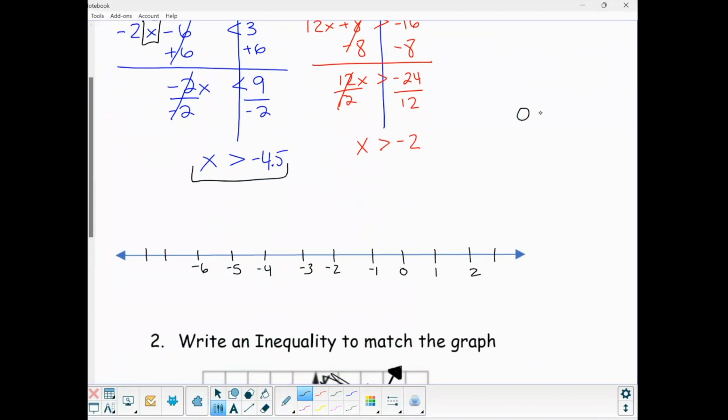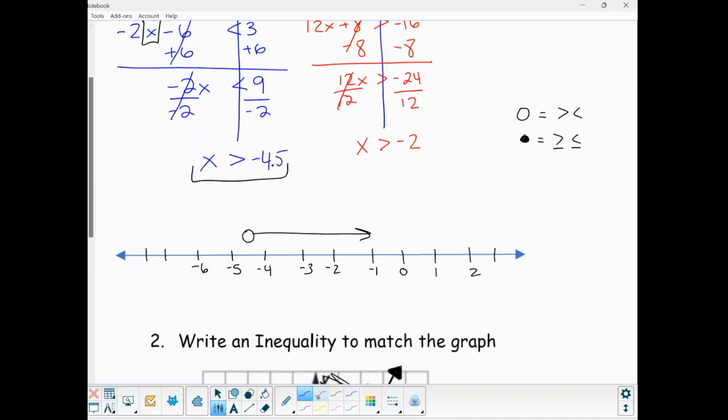Remember, open circle is greater than or less than. Closed circle is greater than or equal to, less than or equal to. So it's going to be an open circle over -4.5, which is going to be right here. Open circle going to the right, going this way, because x is greater than -4.5. All of my greater than are to the right.